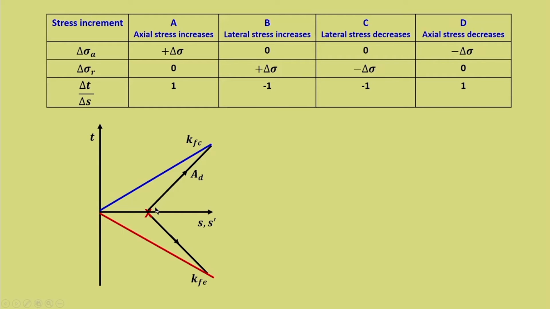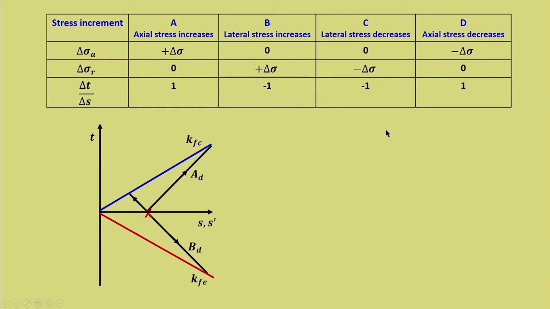When the stress path moves towards the blue line, that means it fails in compression, and when it moves towards the red line, it means that it fails in extension, and we know that case B is a case of extension, and hence with a slope of 1 it fails at the extension failure line, and that is given by BD, that is B drained condition.